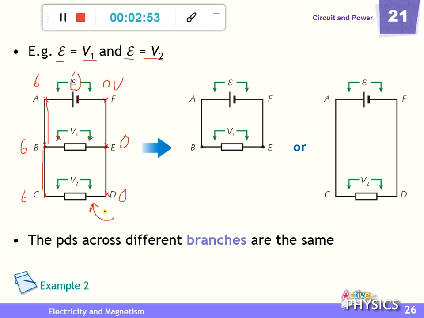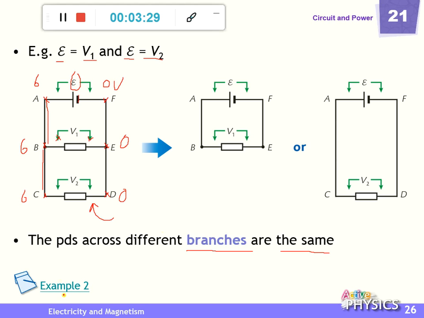A parallel circuit will have the same potential difference. 記住，this one is very important concept in the later part. The PDs V1 and V2 across different paths are the same. Remember, this is the property of a parallel circuit.